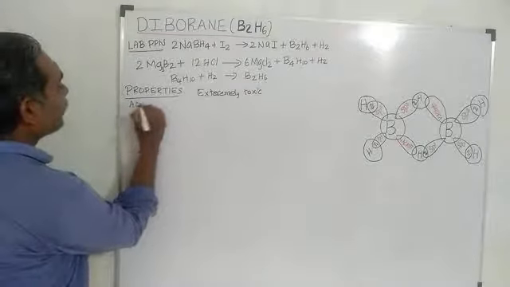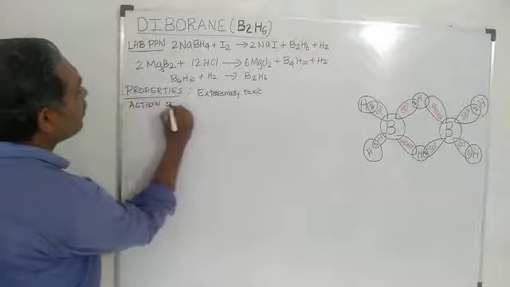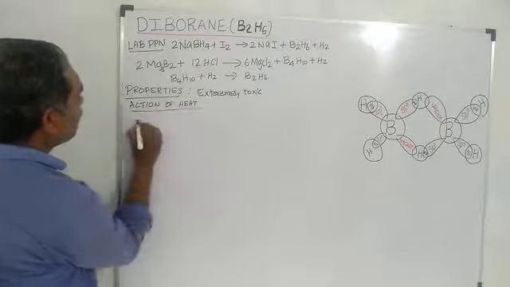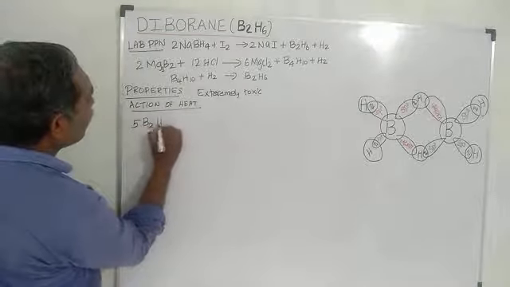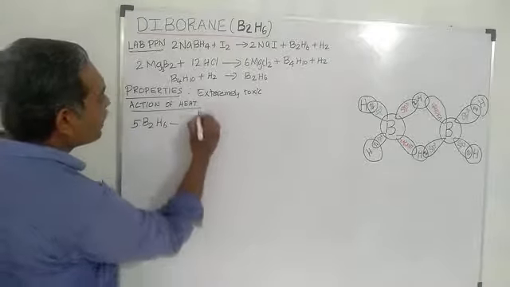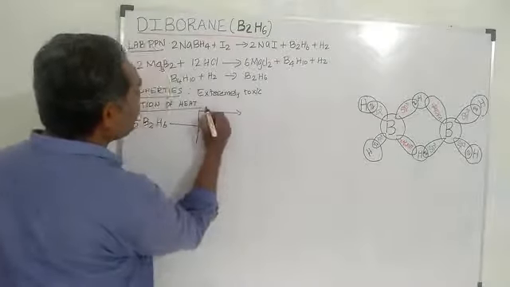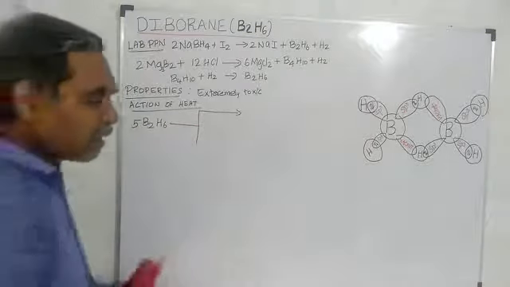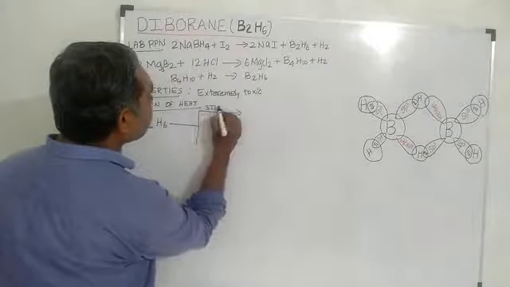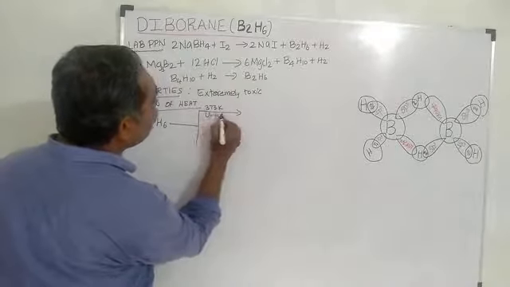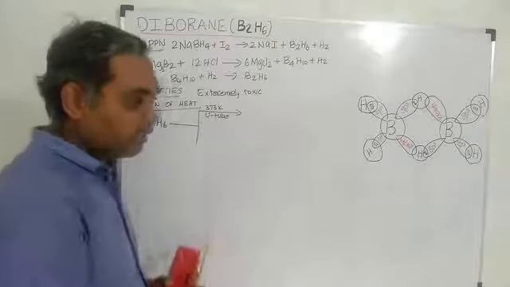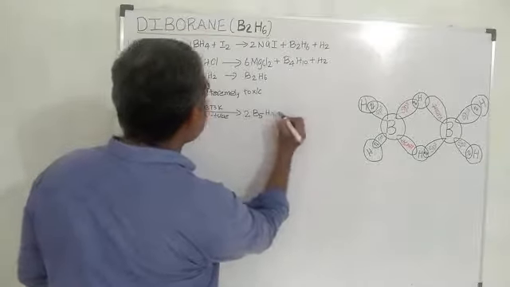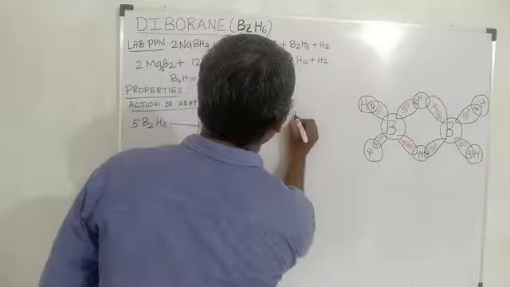Now, chemical properties. First, action of heat. There are three kinds of reactions that are possible. One is 5B2H6 on heating at 373 Kelvin, we get 2B5H11 plus 4H2.